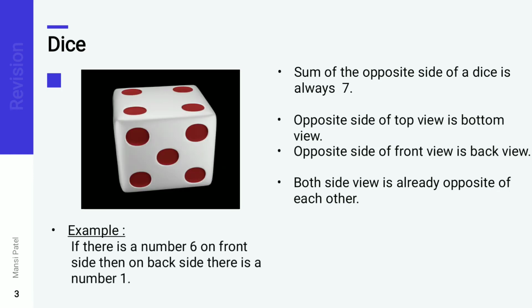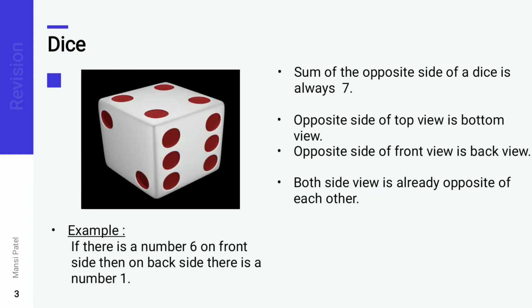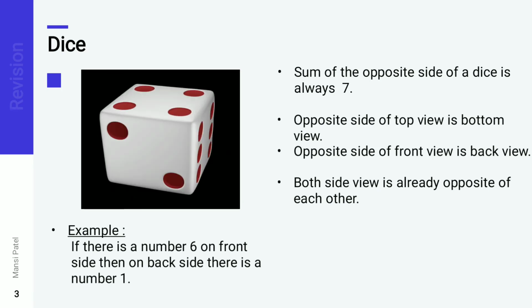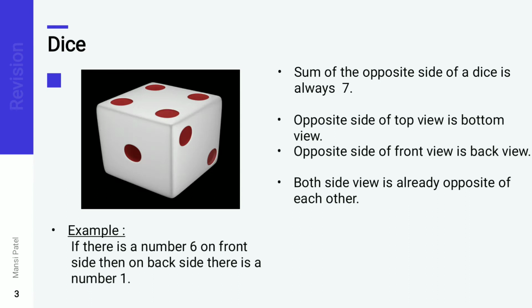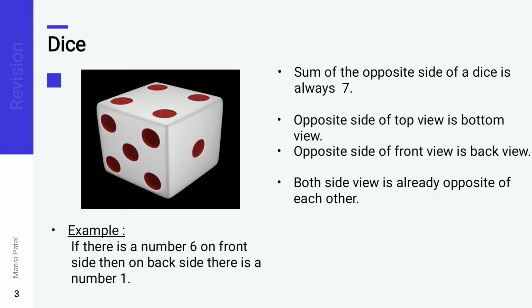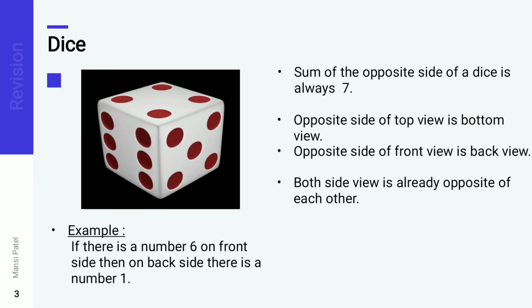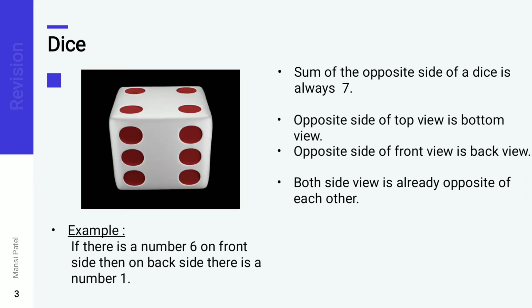For example, if there is number 6 on the top side, then what is the opposite side of top? That is the bottom. So which number is at the bottom? Already we know that the sum of the opposite sides is 7.